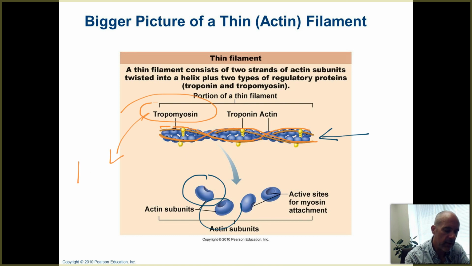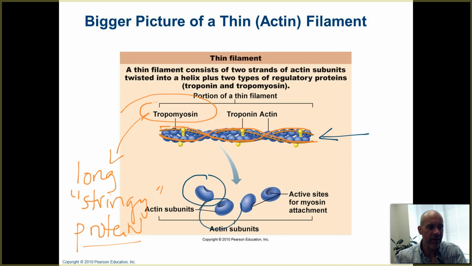So tropomyosin is a long, stringy protein. Remember how back in Unit 1 I warned you that proteins are very, very diverse, and here you're seeing some examples of this. Proteins are all chains of amino acids, but the way those amino acids are put together, how many of them there are, and which ones are used, you have 20 different types, dictates their shapes and also their function. So you can see proteins can have very different shapes. Actin looks like a bead. Tropomyosin looks like a ribbon, basically.